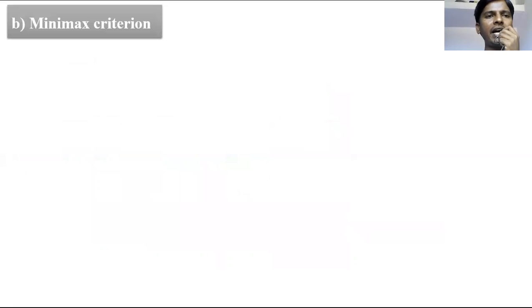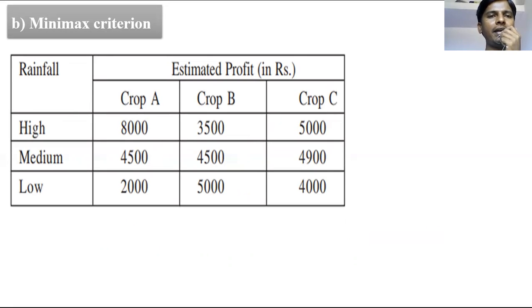The second criteria which they have asked is minimax. The meaning of minimax criteria is minimum of the maximum. So first we have to find the maximum estimated profit of the respective crop.